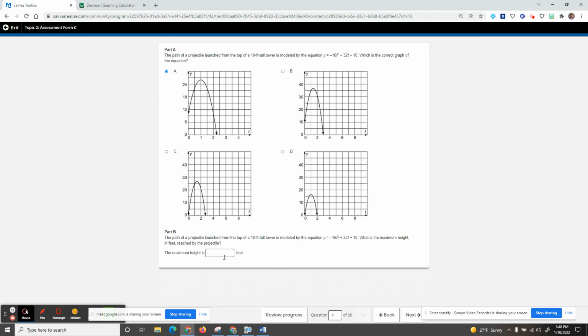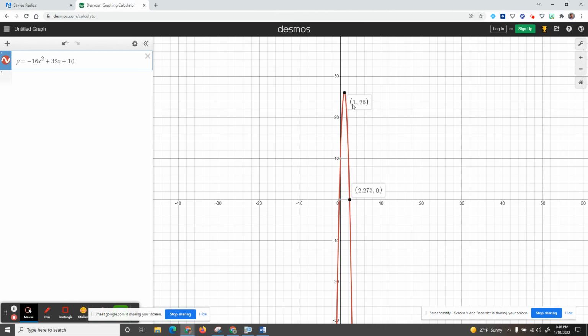Okay. Then the second part of the question is the path of the projectile launched from the top. Well, same information. What is the maximum height in feet reached by the projectile? So the maximum height is the y-coordinate of the vertex. So the y-coordinate of the vertex is 26.